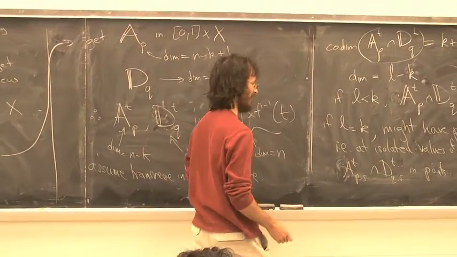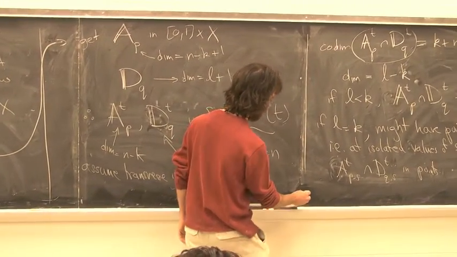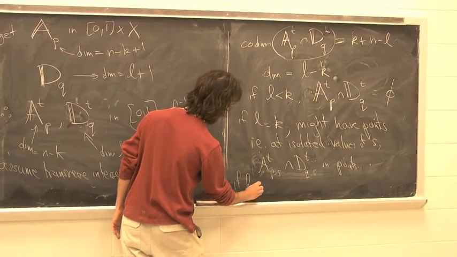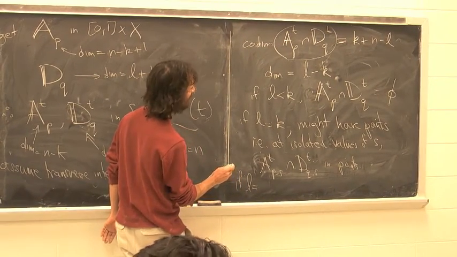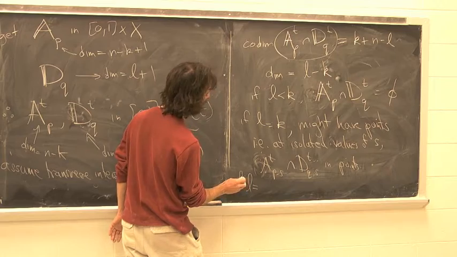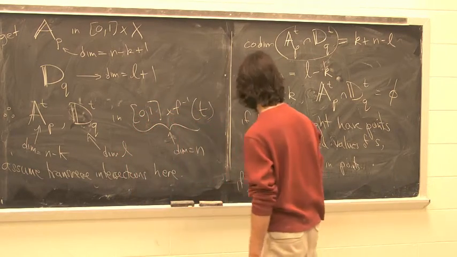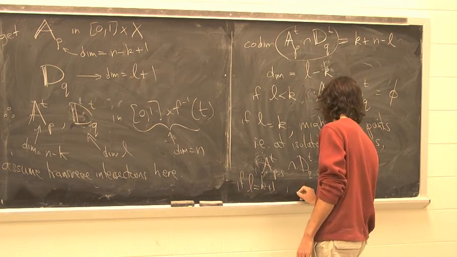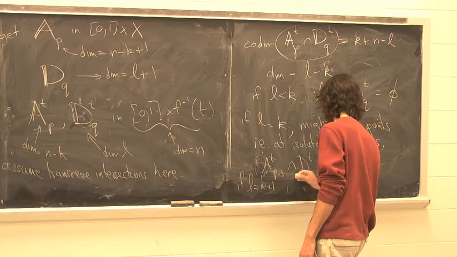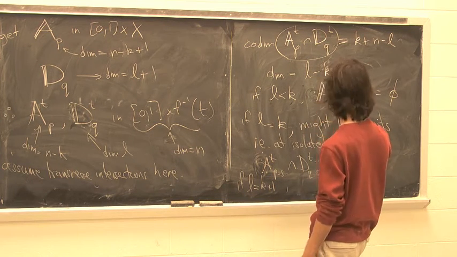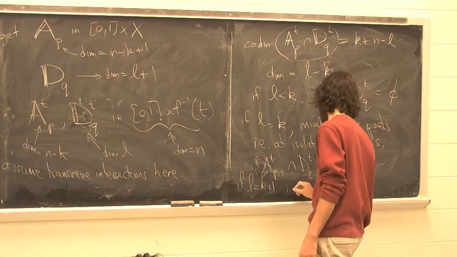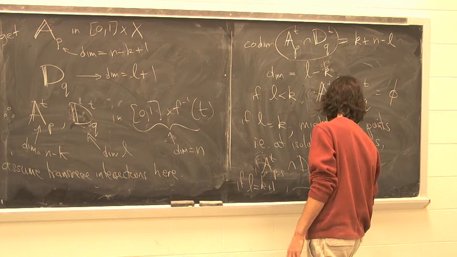Let's just write this down and then come back to think about this a little bit. If l equals k plus 1, then l minus k is 1, right? And then this thing is one-dimensional. Let's think about that case later.